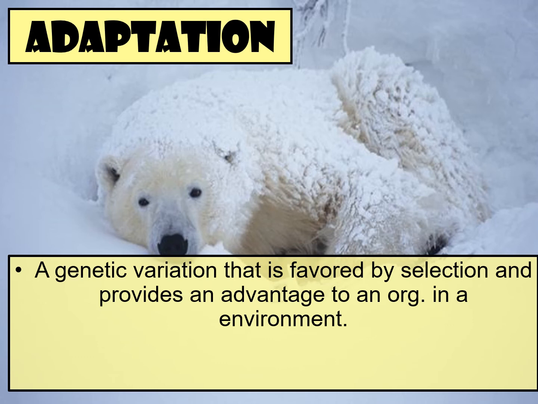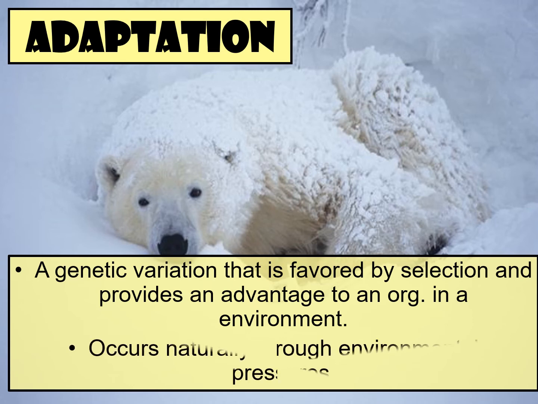And of course, if it has that advantage, it hopefully will be able to survive and pass on those traits. But this adaptation only occurs through environmental pressure. So the environment is selecting which phenotypes or which traits are actually beneficial in that environment. And if it is beneficial, then it will stay. And if it's not, it usually gets phased out.